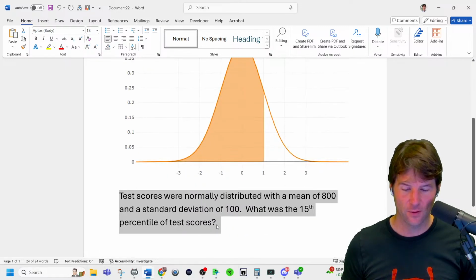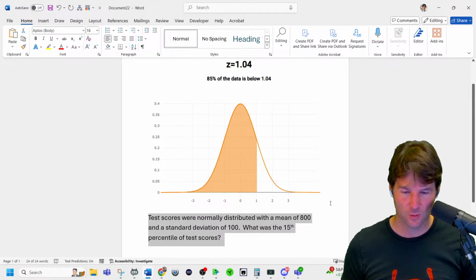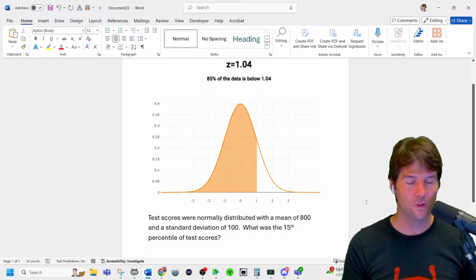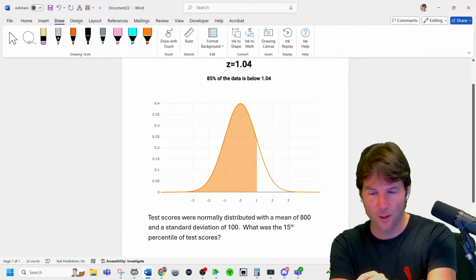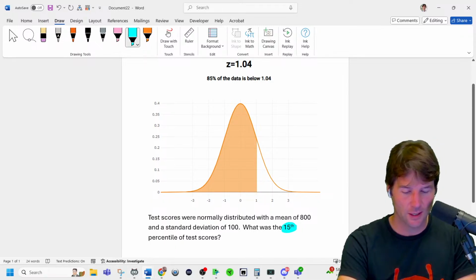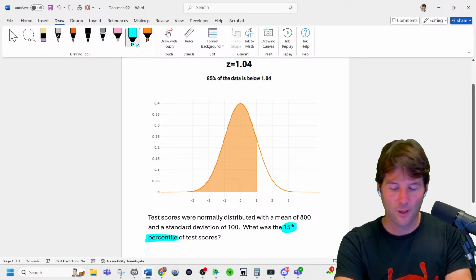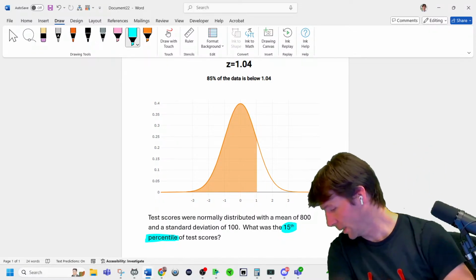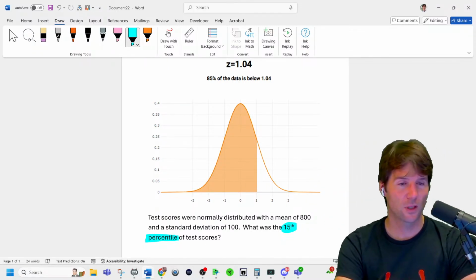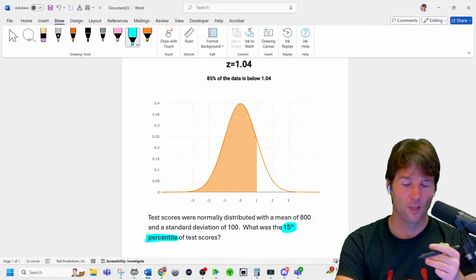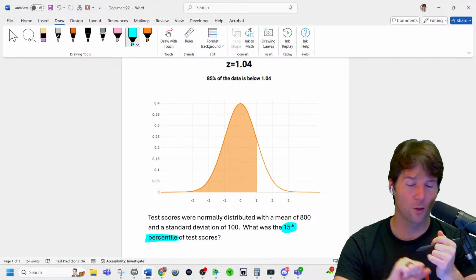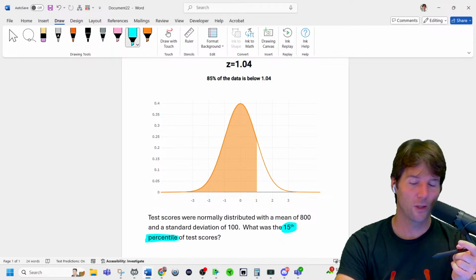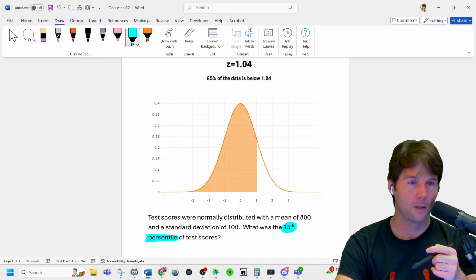Help me out right here. 15th percentile is below the mean, because the 15th percentile is on the lower side of the curve. Great job, Jake and Noel.